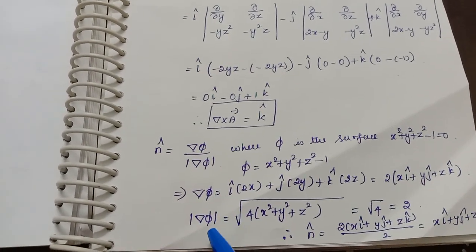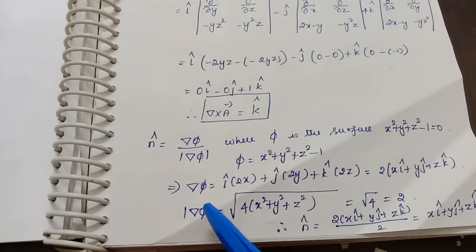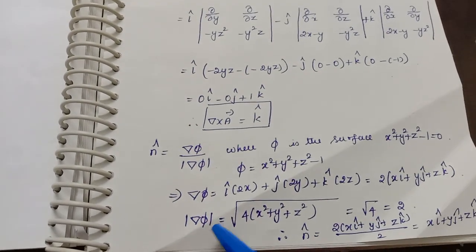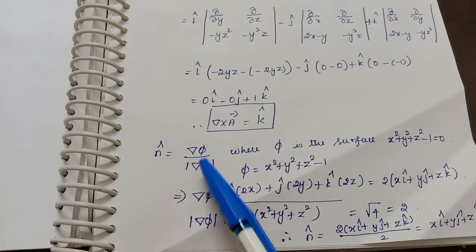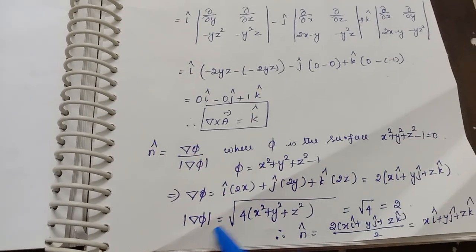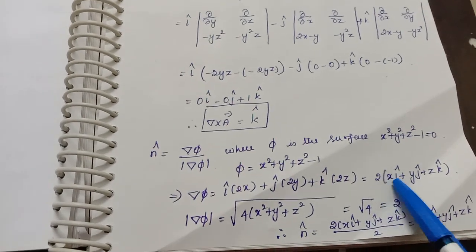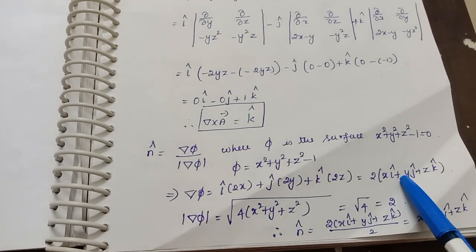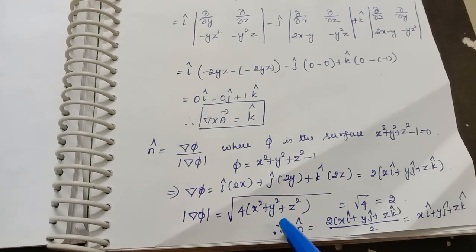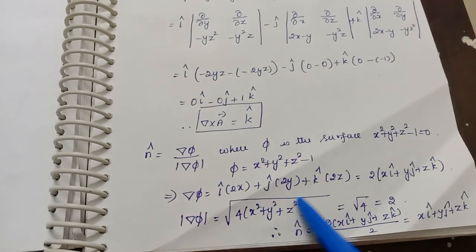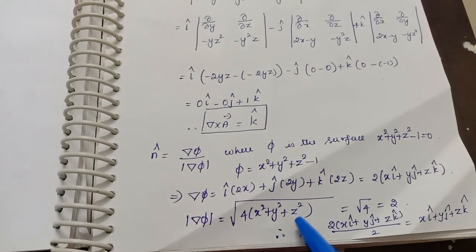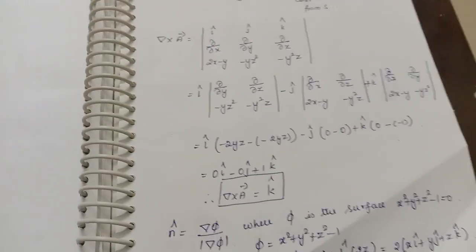Next we have to find modulus del phi for the denominator. We have to find the unit vector, no? Unit vector is obtained by dividing a vector by its modulus. So modulus of this vector is equal to square root of 2 square is 4 into x square plus y square plus z square. But what is the surface equation? Sphere.